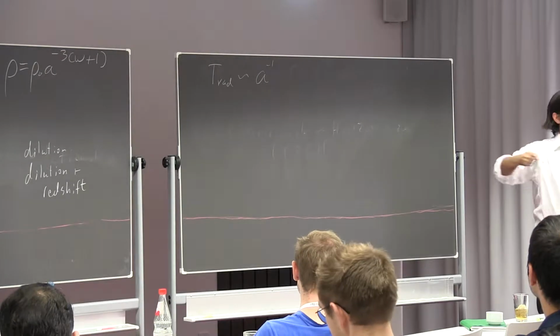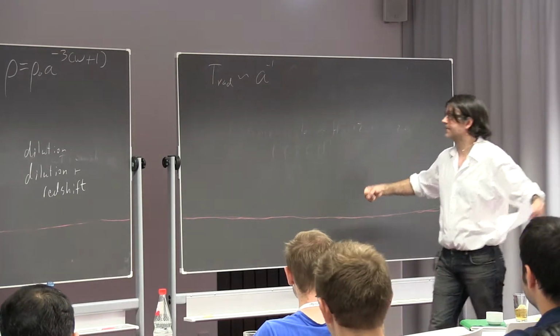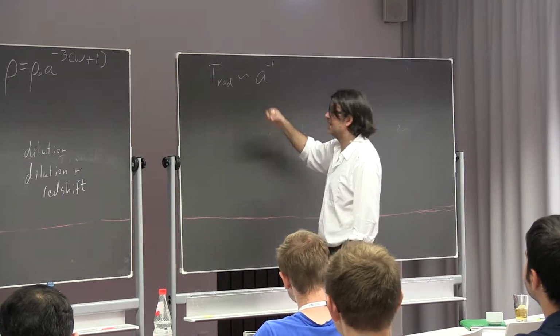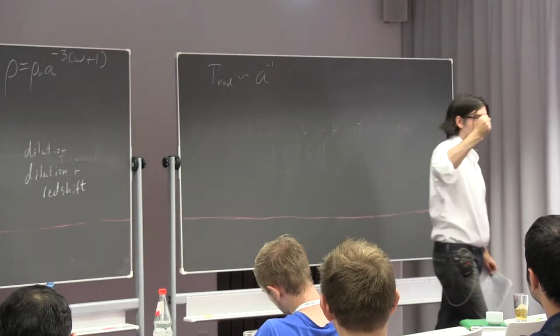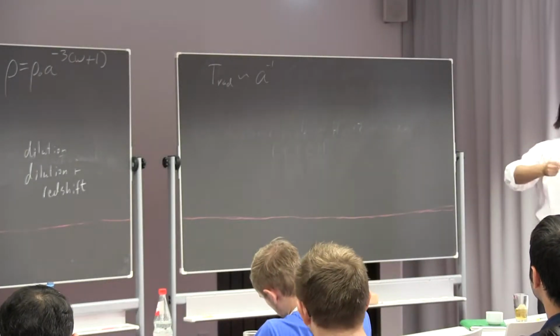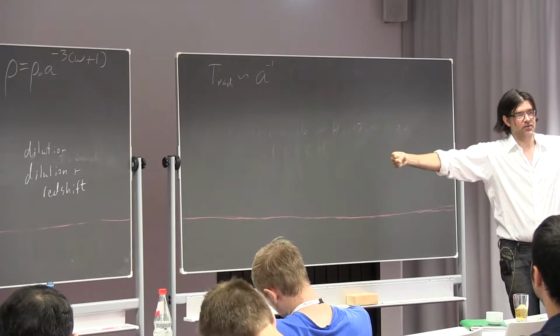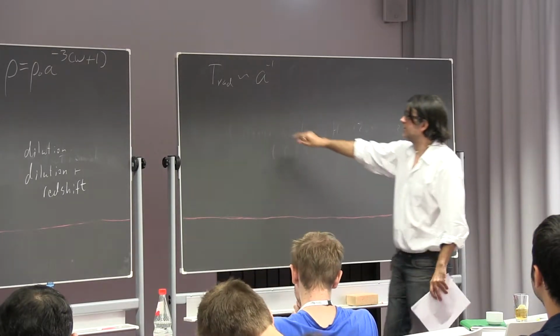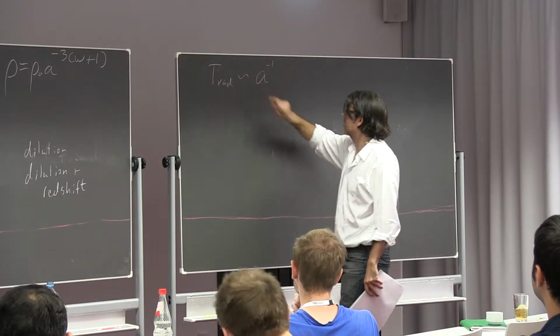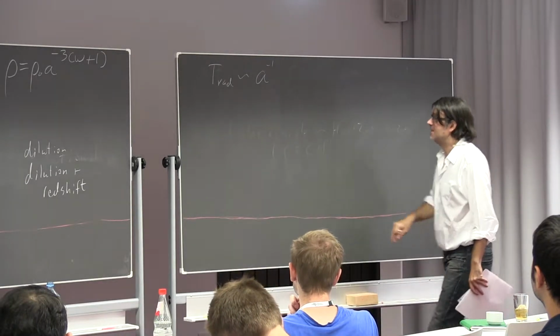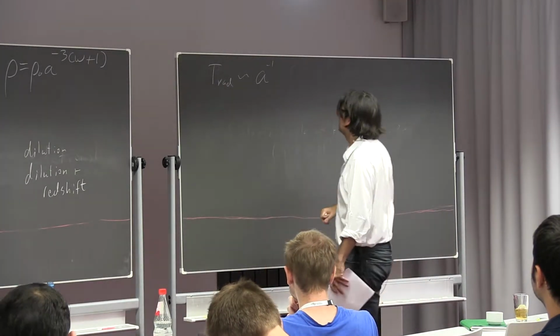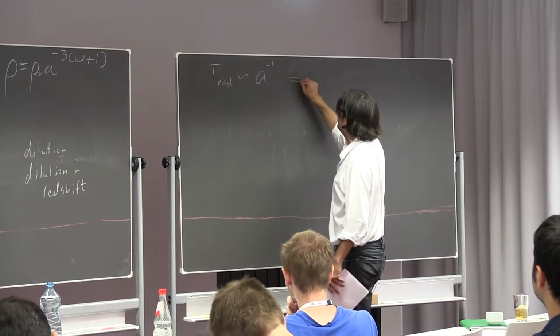So as the universe expands, the temperature is dropping. And this is very useful to us because a is in some sense a time parameter, right? A is telling us about some monotonic evolution of the universe as the universe expands. And so if the temperature is dropping off monotonically with that expansion, then that means that we can use this temperature as its own time parameter.